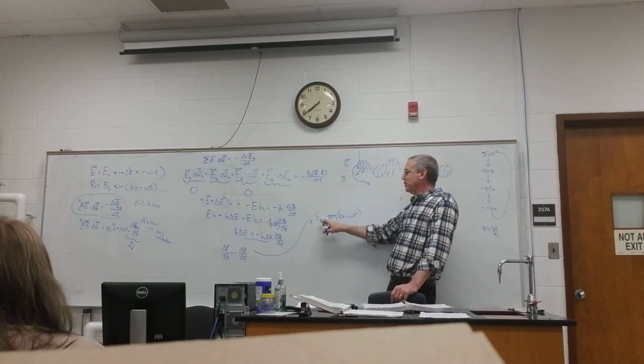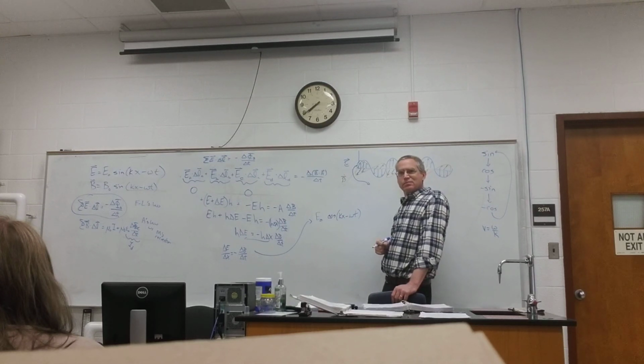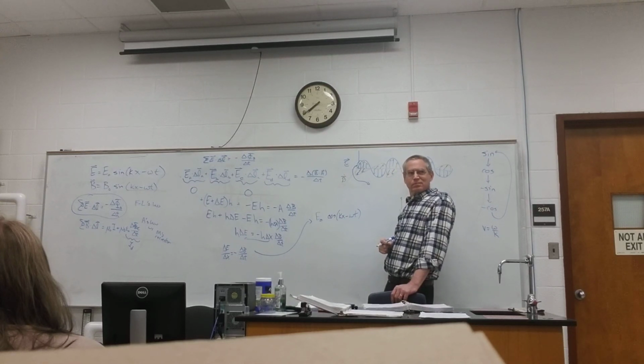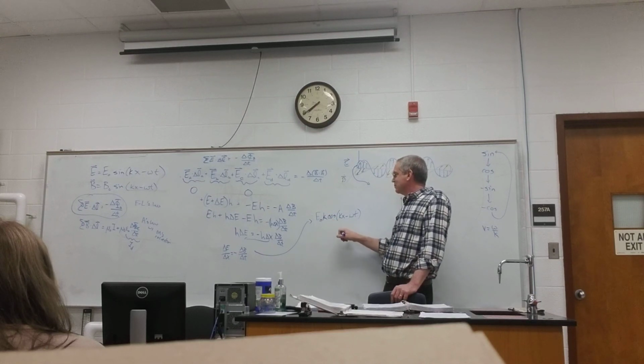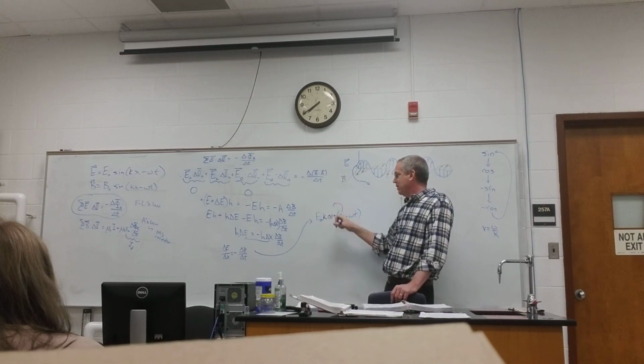No, the amplitude is E sub 0. Because don't forget, when you do the slope, if it's with respect to position, then you bring the k out every time. Or with respect to time, you bring out negative omega every time.